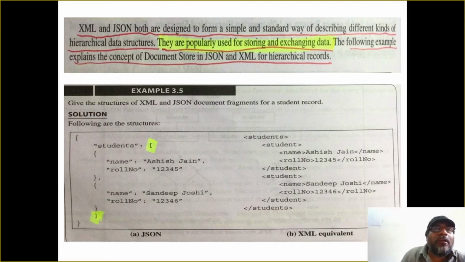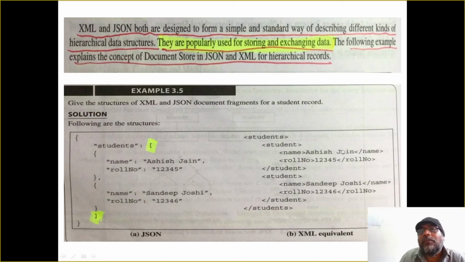You see here in this example an XML and JSON data fragment, some part of a record. So this is student. You see a left square bracket and a right square bracket, and between these two we have name and roll number, names Sandeep and a roll number.